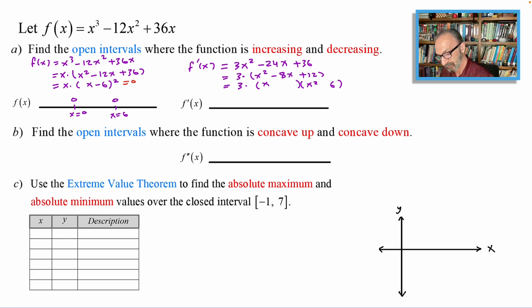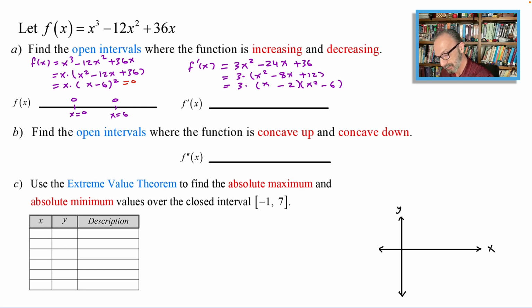Of course, we can't use plus plus to get the minus 8, so we have to use minus and minus. So for f prime, we have 2 roots, at x equals 2 and at x equals 6.